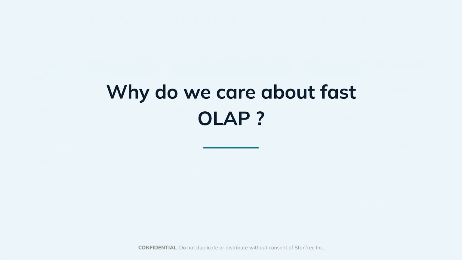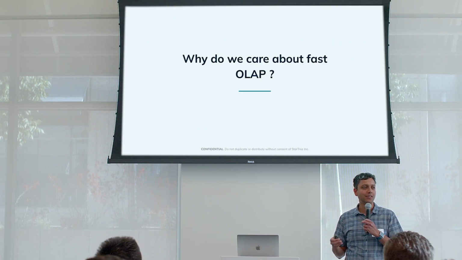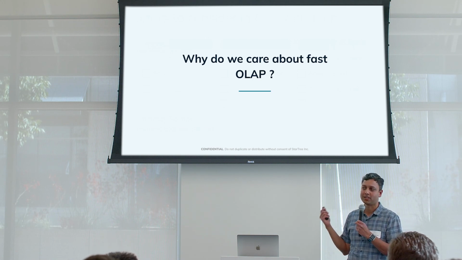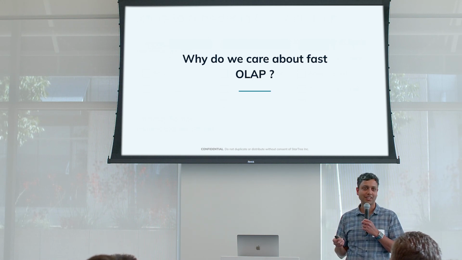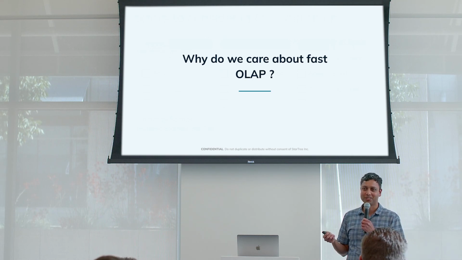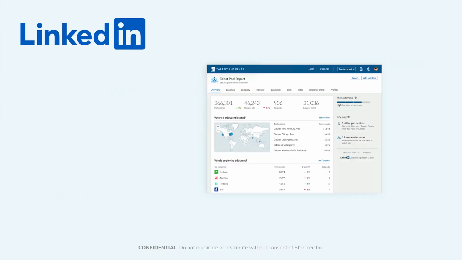We all know that for OLTP databases, speed, throughput, and latency are very important. But why does it matter for OLAP use cases? Ujjwala touched upon this already, but in case you're still not convinced, here are some more examples. This is the classic one from LinkedIn.